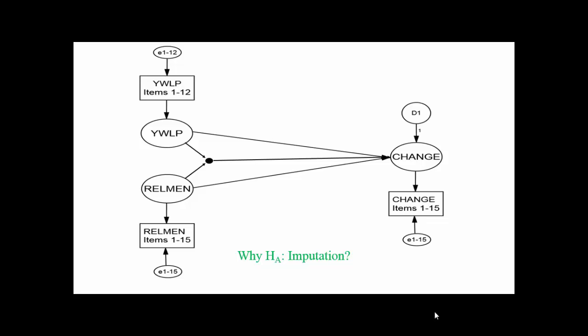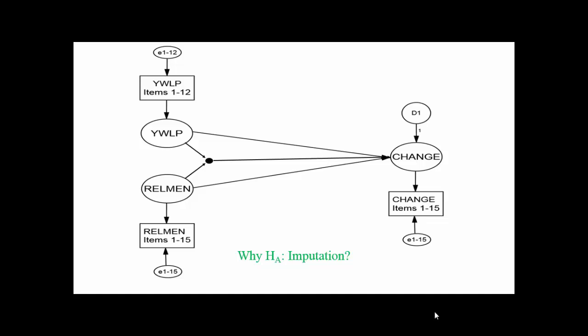And here's what I'm talking about when I talk about a latent variable interaction. This comes from the so-called YWLP study, or Young Women's Leadership Program. It is a college/community-based mentorship program by which college graduate students mentor teenage youth in the community towards some community action or service-oriented positions, let's say.